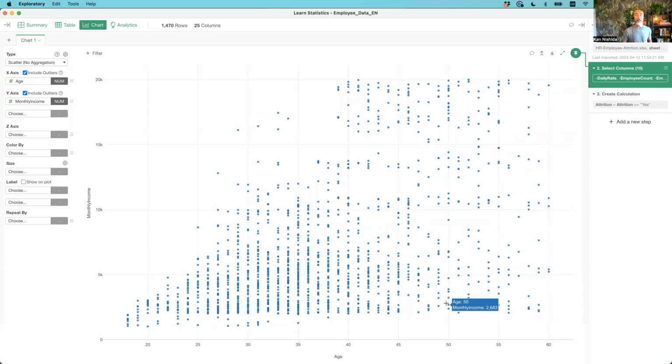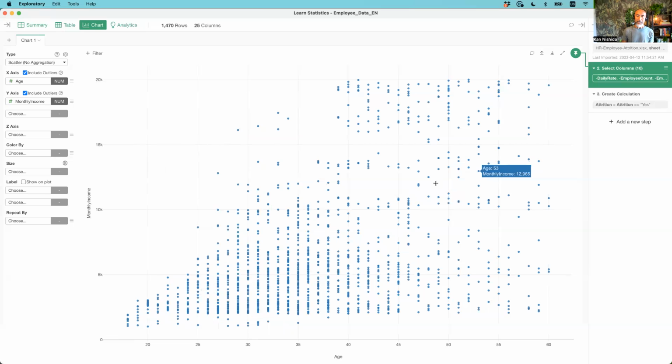These guys are older, however, the income is not that high. But you expect the younger age not to have high income, and that's actually correct. There are not many people getting high income, almost none, if you are less than 30 years old.